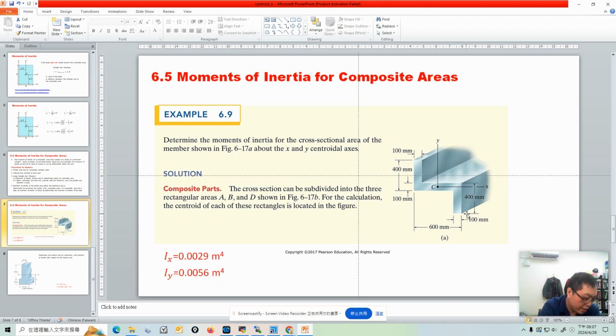It says to find the moment of inertia of this cross-section area about the X centroidal axis and Y centroidal axis.